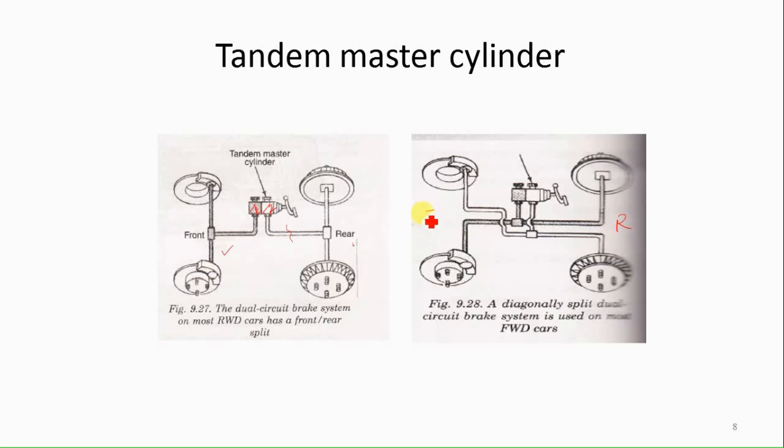So the front left side disc is operated with the help of this one chamber, and the rear right side wheel is operated by the same braking line. So these braking lines operate the vehicle's front wheel and the rear wheel simultaneously.